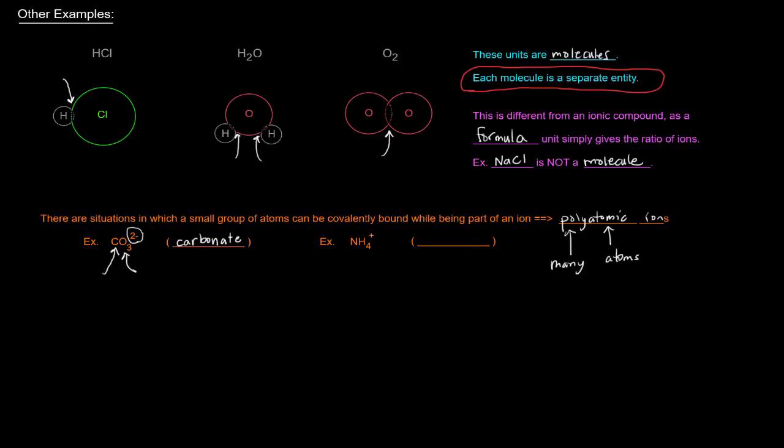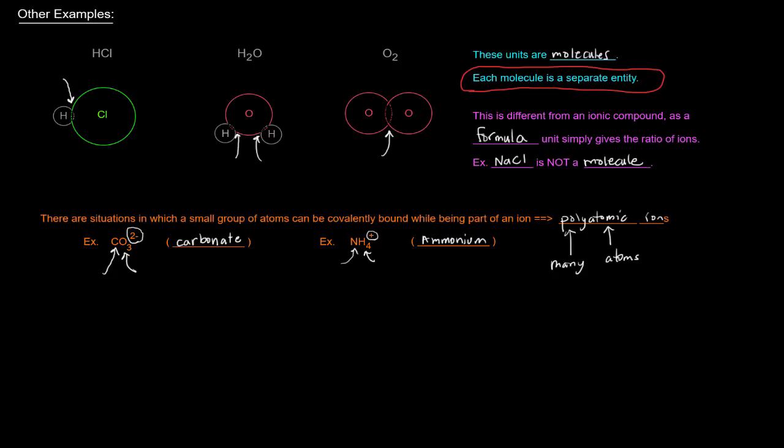And many polyatomic ions, in fact, most of them that you'll come across are going to be anions, right? They'll be negatively charged. There are a few, in fact, I can only think of a couple, that are positively charged. One of them is NH4+, which is called ammonium ion. So ammonium, okay? And there's 1 nitrogen and 4 hydrogens, and overall they have a +1 charge. So these are examples of polyatomic ions.